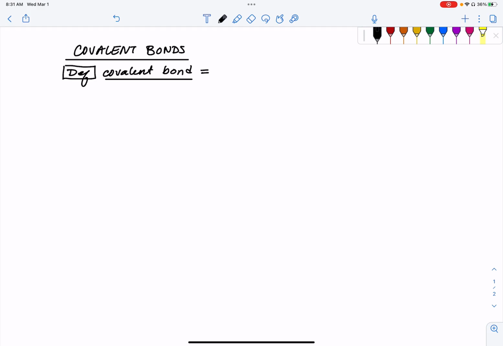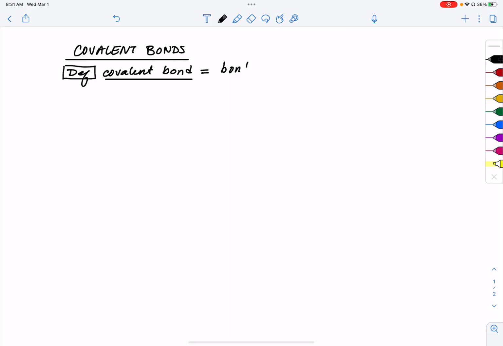Now, while most of the periodic table encompasses metals, you can imagine that if we were to be left with only ionic bonding, we would be neglecting the different types of bonds that we see existing between nonmetals. So most fundamentally, a covalent bond is a bond that exists between two or more non-metallic elements.